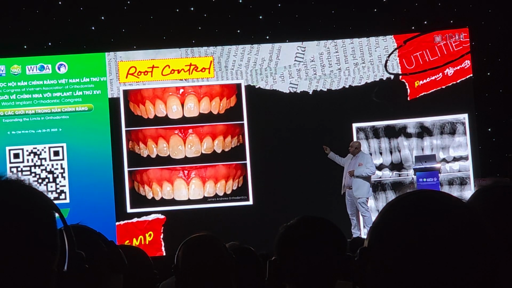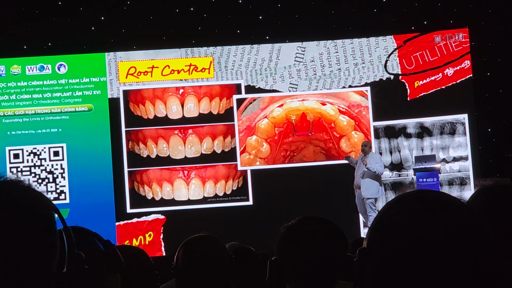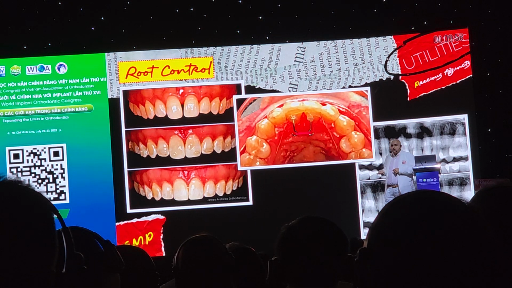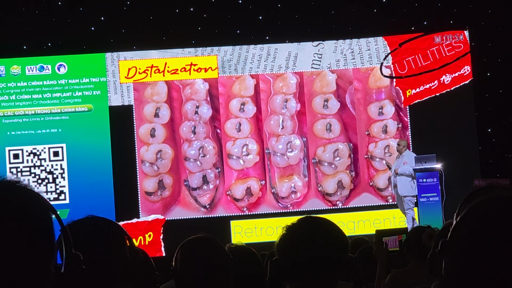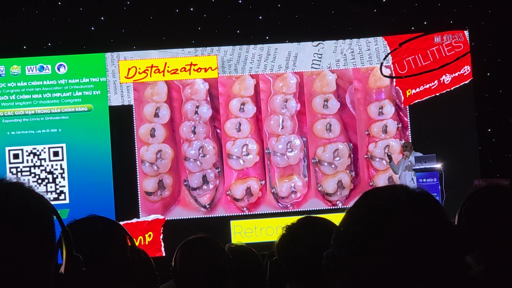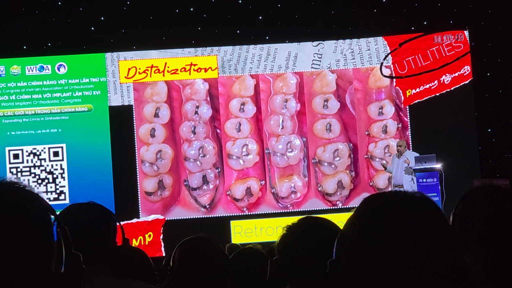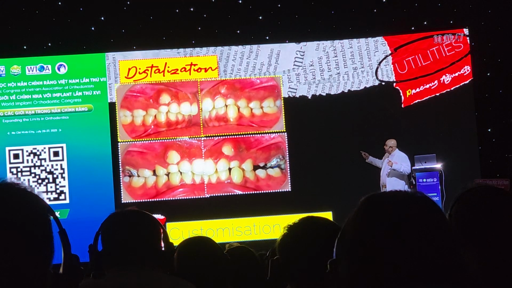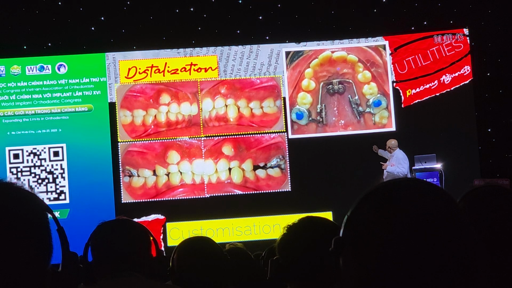Or a palatal appliance that was an afterthought placed to increase root inclinations. Or a scenario like this, where a retromolar tag has been used for molar distalization along with tags in a segmental mechanic.